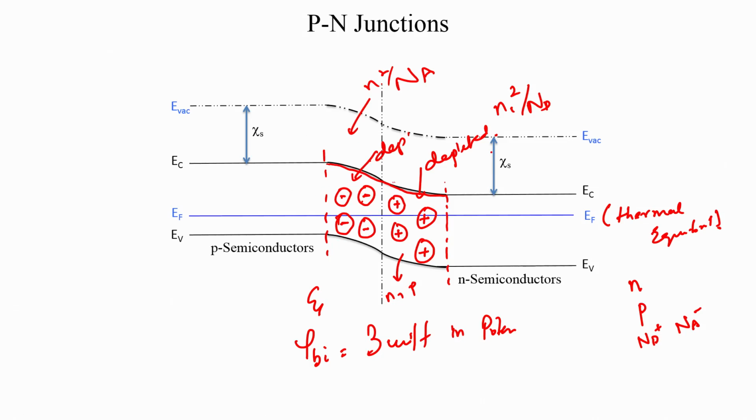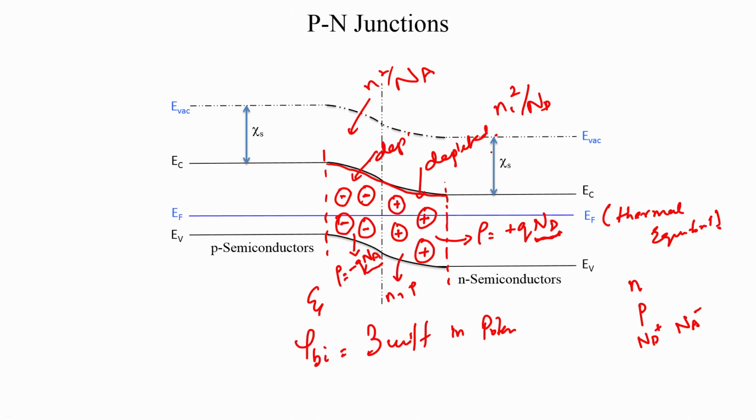You have a depleted region where you have a charge concentration here which is basically plus q Nd, where Nd is the number of dopants per unit volume, and the charge concentration in the p region is minus q Na, where Na is the number of acceptor ions per unit volume.